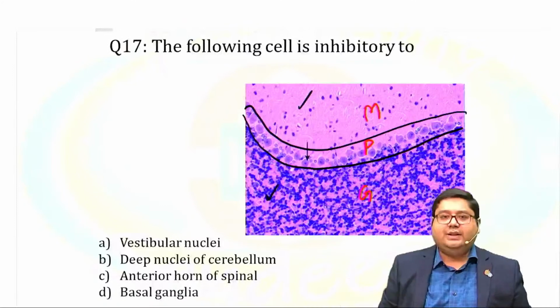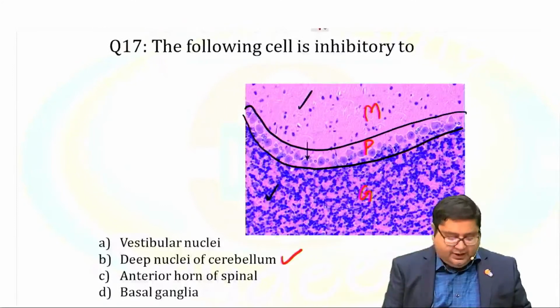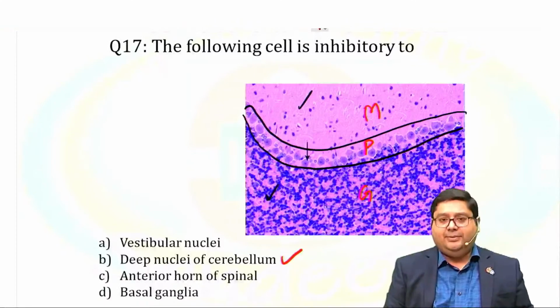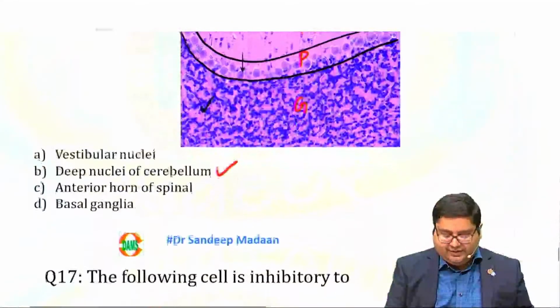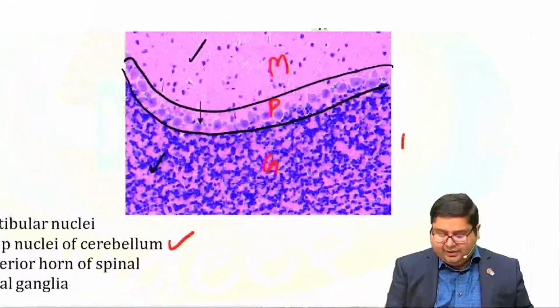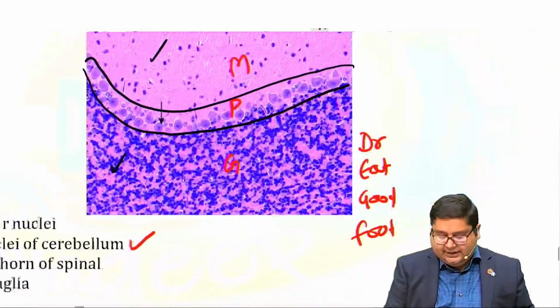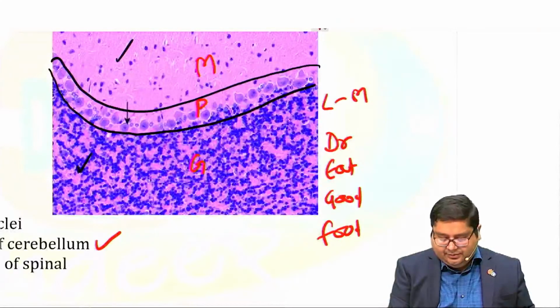Straightforward answer is deep nuclei of cerebellum. Very good, beta. What are the deep nuclei of the cerebellum? For the deep nuclei of the cerebellum, we have this mnemonic: doctors eat good food. That is from lateral to medial. This is the arrangement.